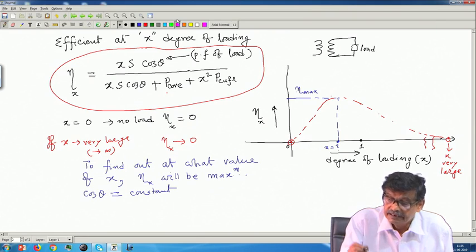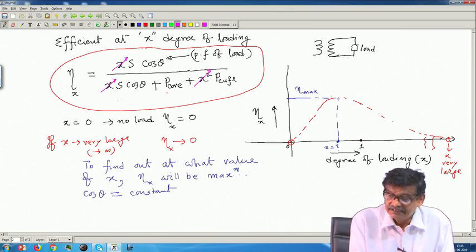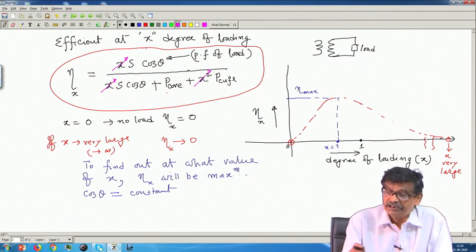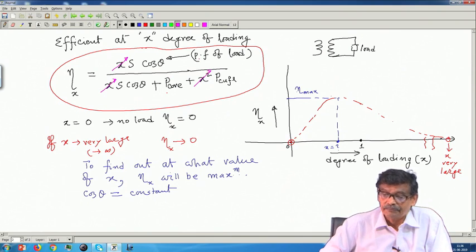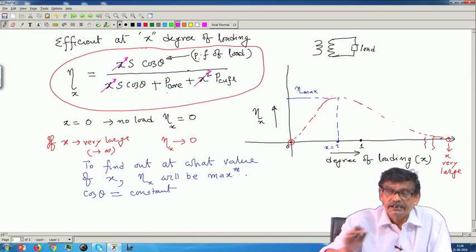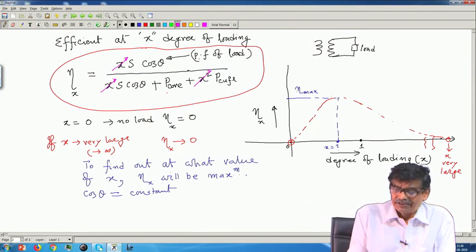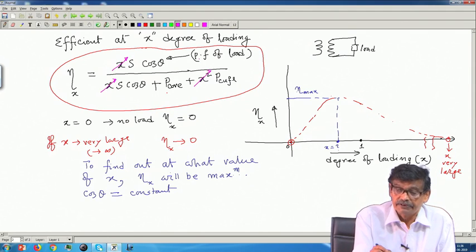So, in this expression I will vary x, but other things remaining constant. S is of course rated kVA. So, cos theta is kept constant, PCU full load. So, I will vary only x. To find out that one is pretty simple, because I will just maximize this function.